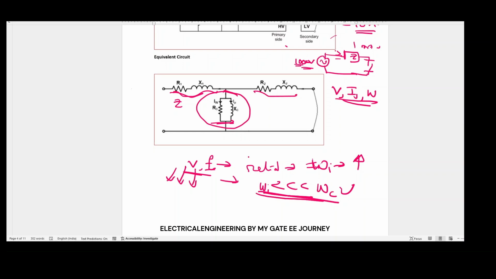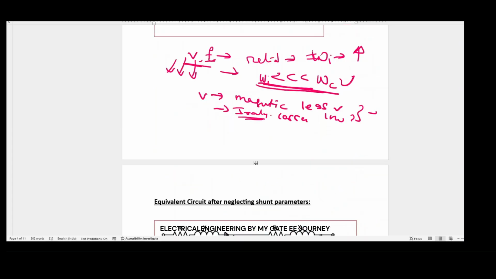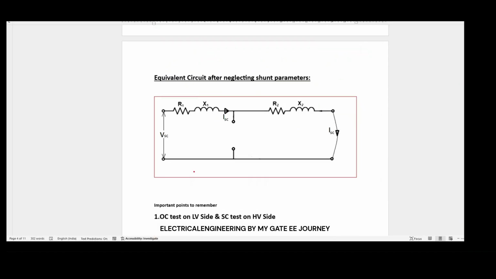Also, if we apply less voltage, the magnetizing current is very much less and iron losses are very low. Because of these two reasons, I mu is very less and I w is very less, so we can ignore this branch. As a result, the equivalent circuit changes like this. The shunt branch has been removed. Now whatever current is flowing, it flows through primary impedance plus secondary impedance.